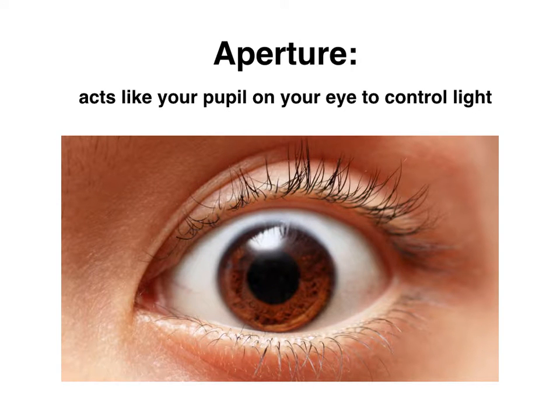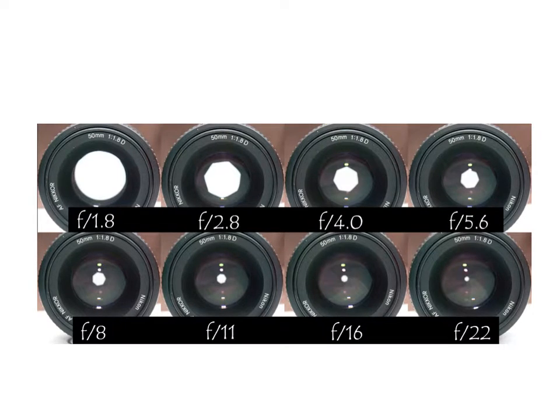Think of your aperture like your eyeball. It is going to open and close depending on the light levels. Like your pupil, if you go out in the sunlight, your pupil shrinks down, right? Because there's so much light. Or if you go into a dark room, your pupil expands to let in light. The aperture on a camera works the same way. It gets bigger and smaller, and you can control how much light is getting into your camera by adjusting the aperture.